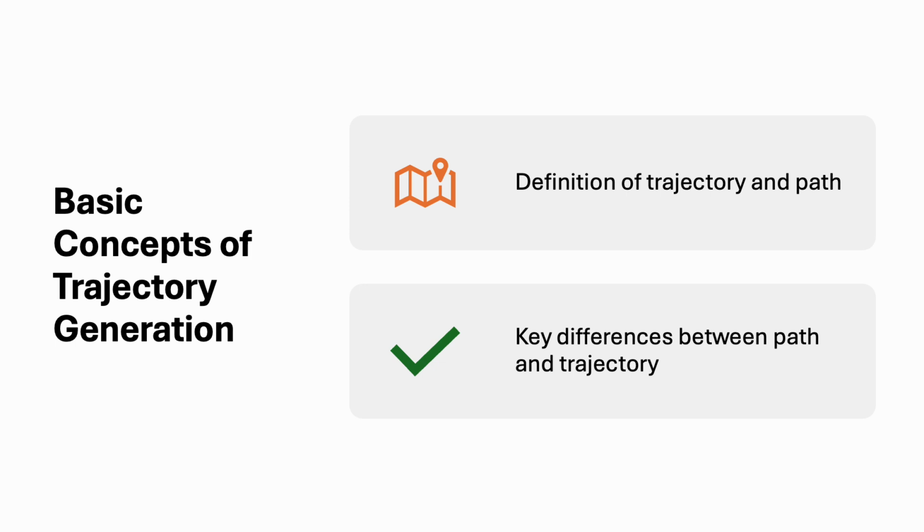This includes details such as the speed at which the robotaxi should travel, when it should accelerate or decelerate, and the exact times it should reach specific points along the path. For instance, the trajectory of a robotaxi would include its speed profile, ensuring it stops at stop signs, slows down for turns, and arrives at the destination within the predicted time frame.